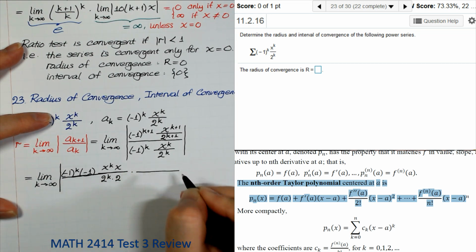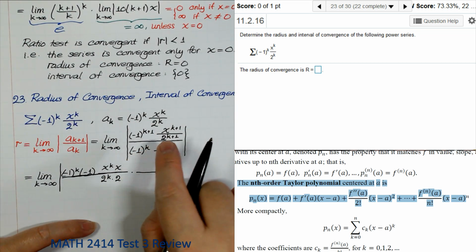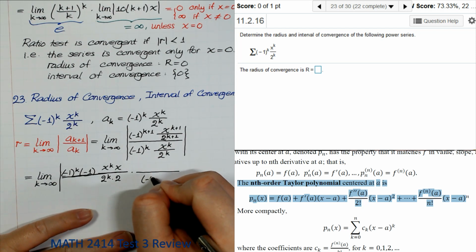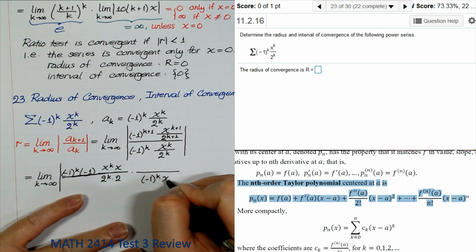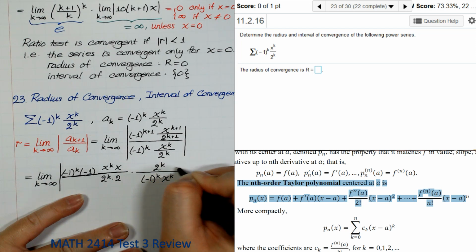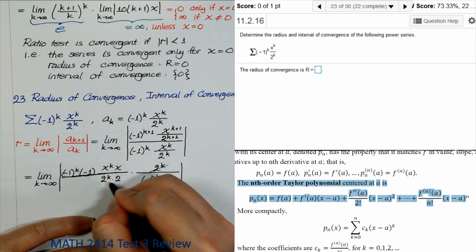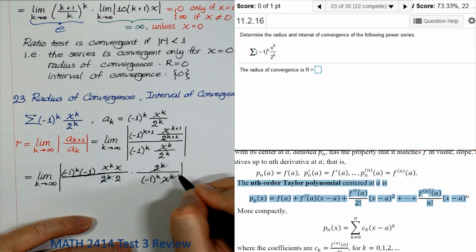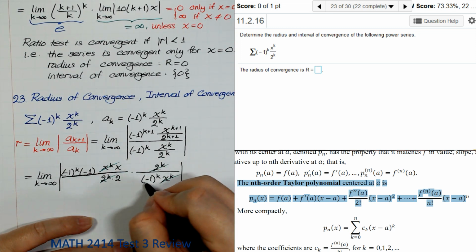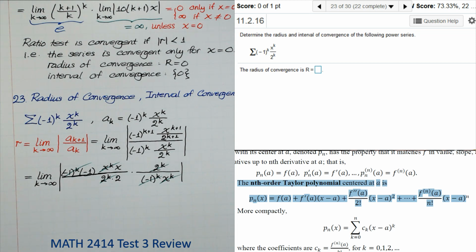Multiply reciprocal. So that -1 is on the top, so we move it to the bottom. 2 to the k on top. Right, simplifying. 2 to the k, x to the k, (-1) to the k. So what's left?